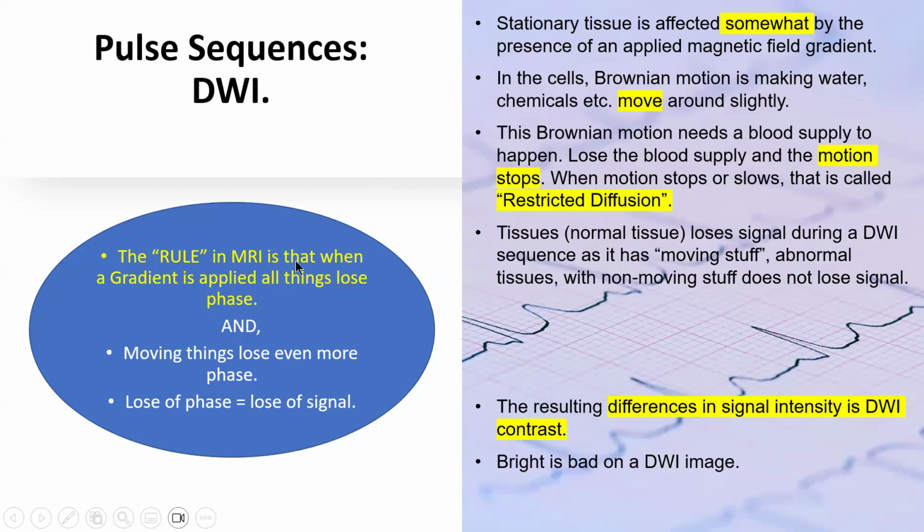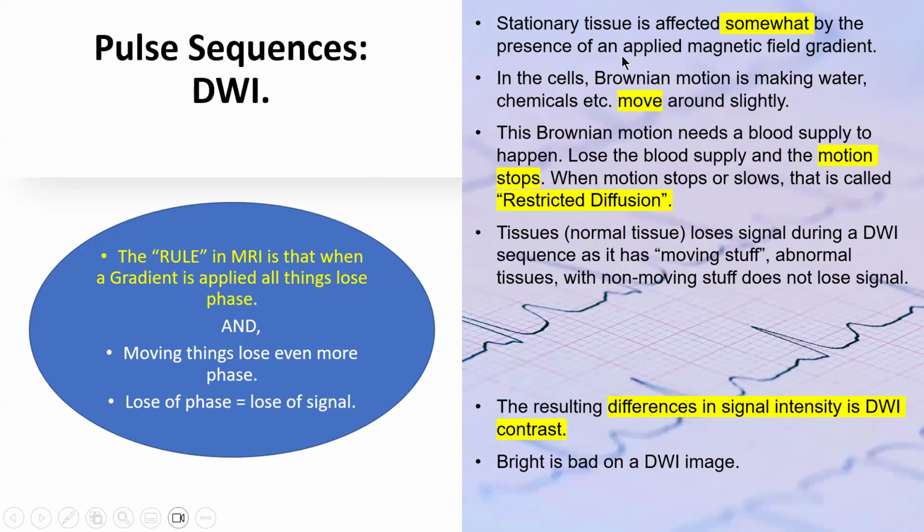So the general rule in MRI is that when you turn on a gradient, tissues lose phase, and moving tissues lose even more phase. And when they lose phase, you lose signal at TE. So DW gradients work on something called Brownian motion, okay?